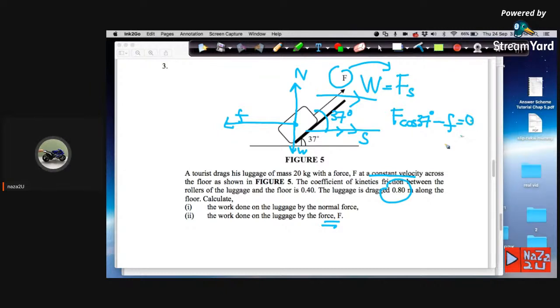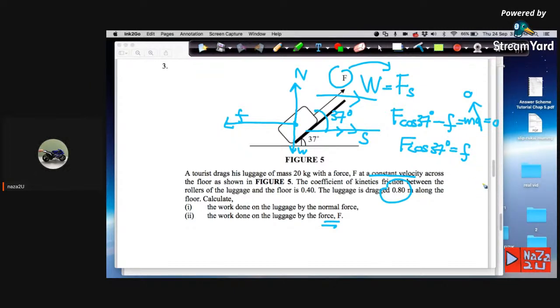Why is it equal to 0? Because of constant velocity, meaning actually this is equal to ma, but with constant velocity a is equal to 0, so this is equal to 0. Right? So here F cos 37 is equal to frictional force F.